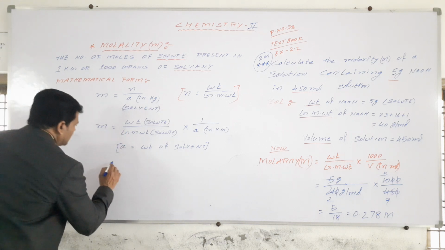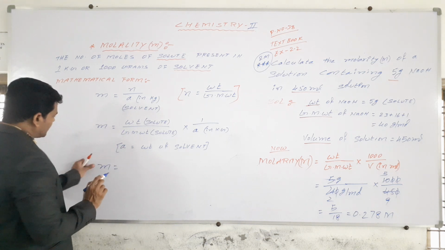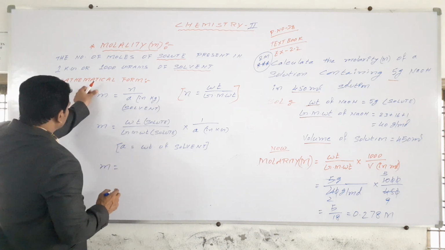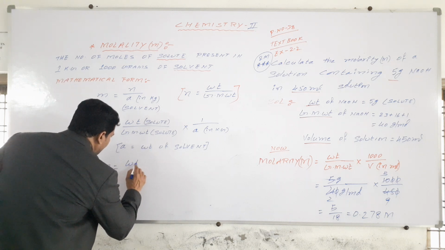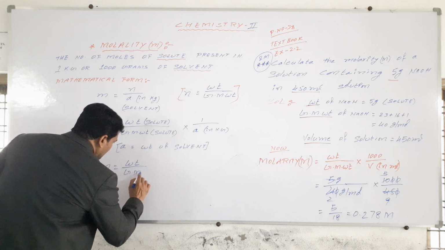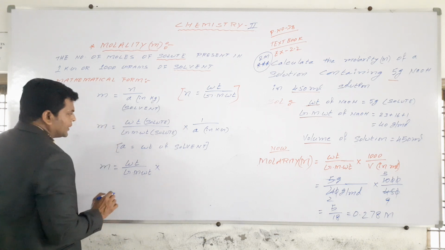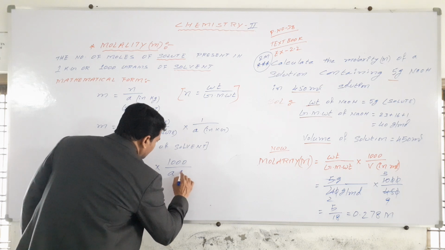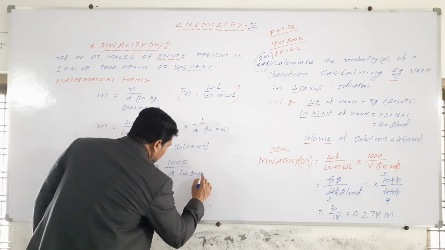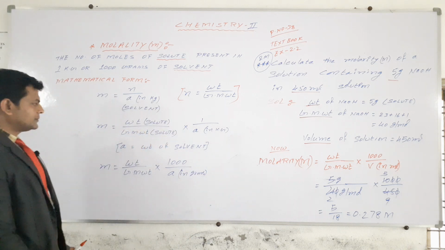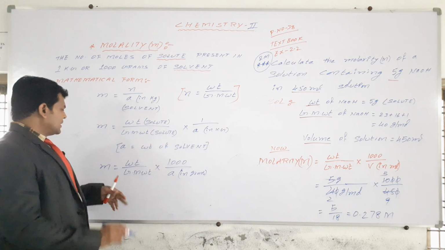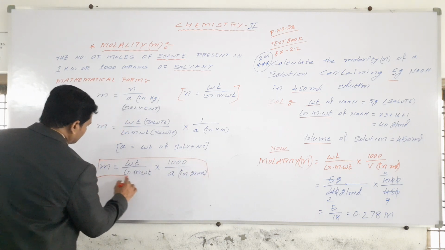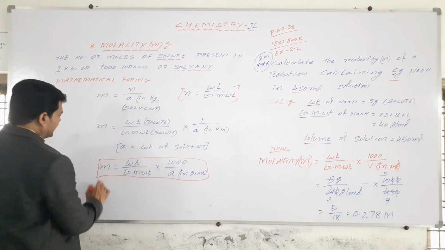Then small m equals weight by gram molecular weight into 1000 by A in grams. A in grams. This is the formula we are using for calculating molality.